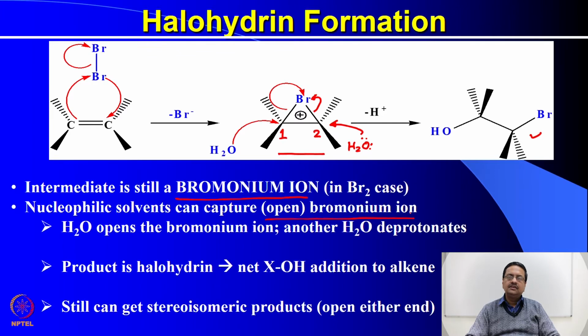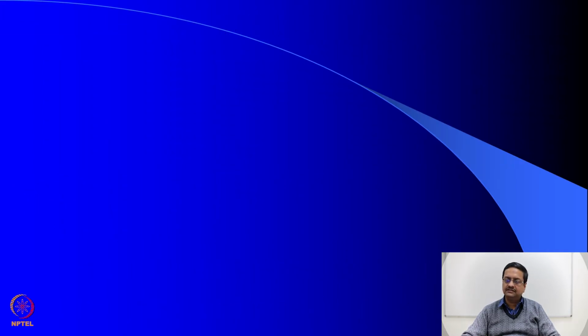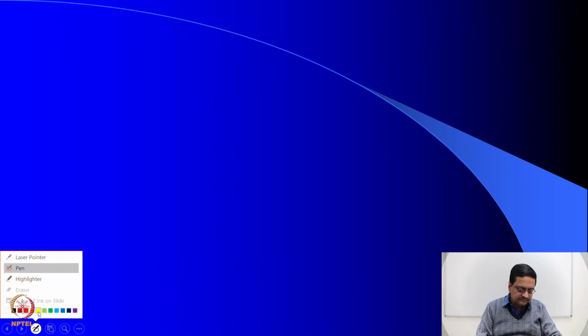So if the alkene is unsymmetrical, then you are expected to get a compound which has different isomers when it opens up from the two different sides. So let us see this with one example.